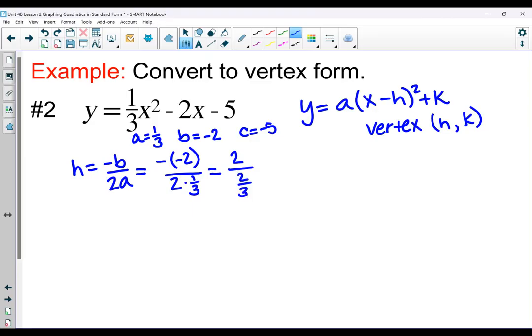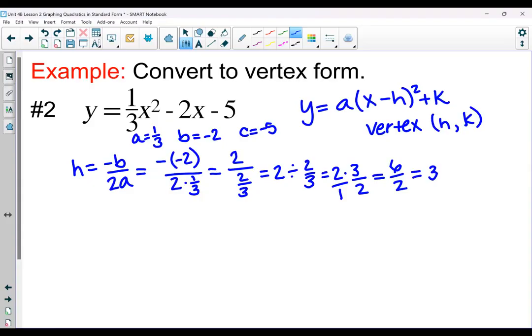Well, remember a fraction bar is actually saying 2 divided by 2/3. And when we divide fractions, we multiply by the reciprocal. So this all boils down to 6 over 2, which is 3.